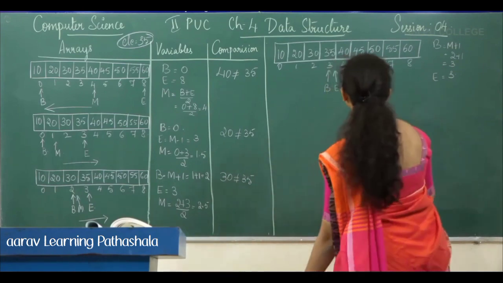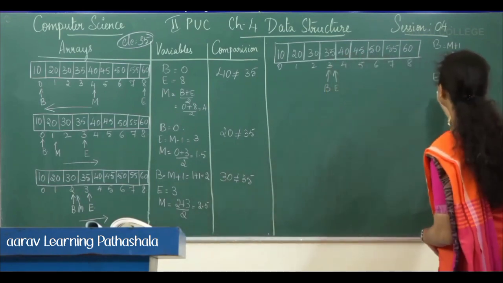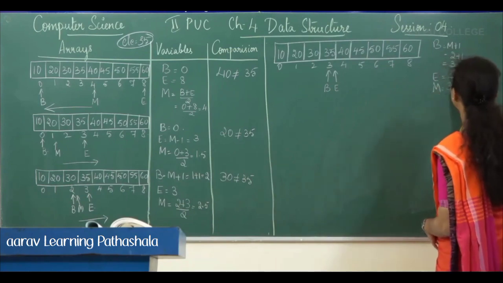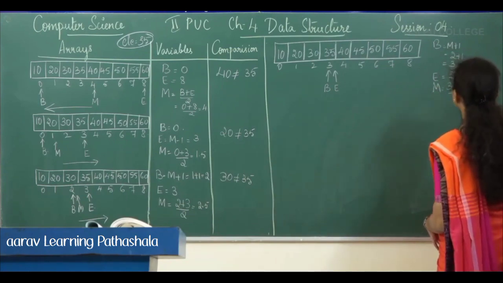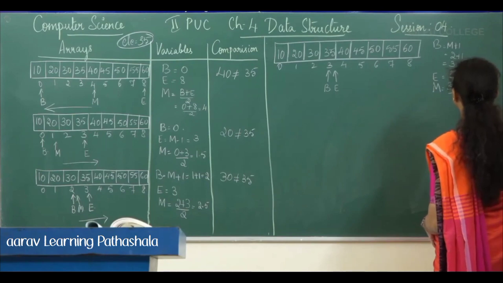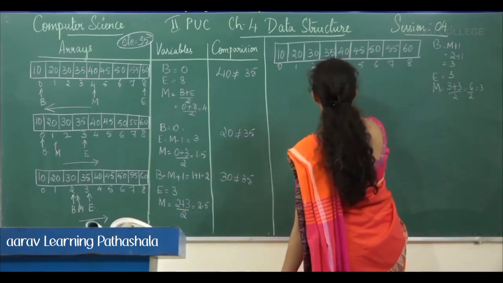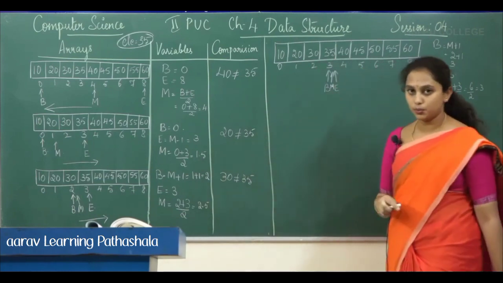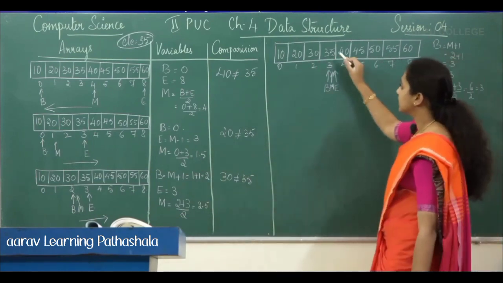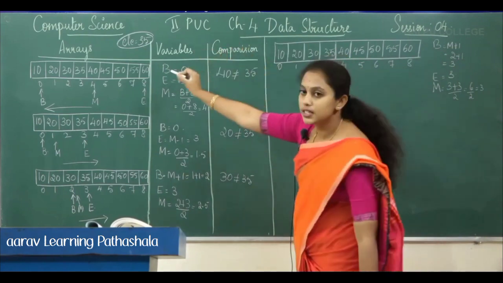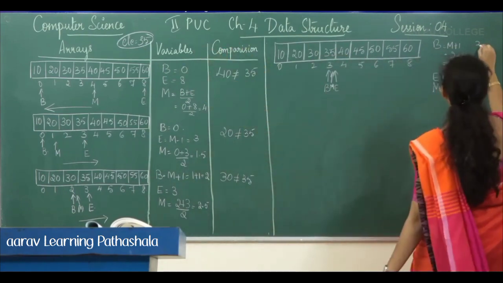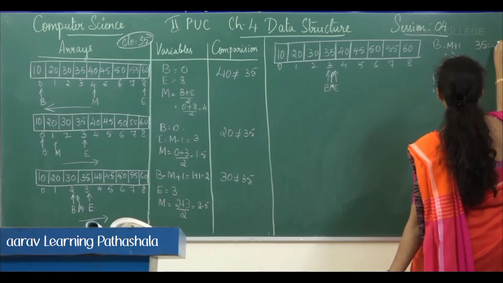So how to find the middle element? That is m is equal to 3 plus 3 by 2, that is 6 by 2, that is 3. So 3 is our middle position also. So compare the element with the search element. 35 is equal to 35.